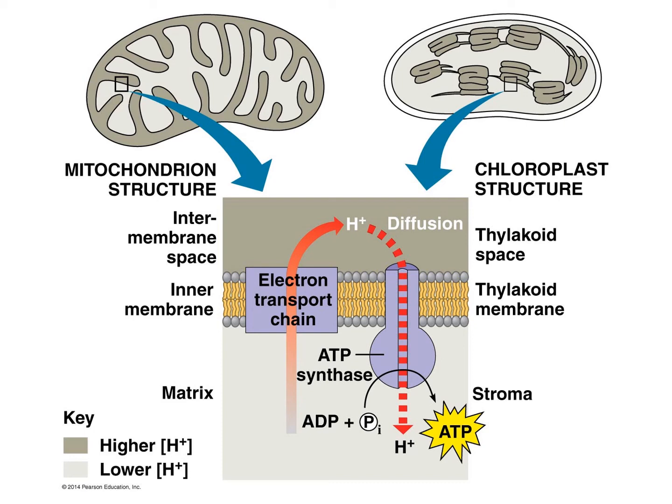Those are the areas shaded dark, and the areas to which hydrogen ions diffuse during ATP synthesis. That's the light area. So it would be the matrix of the mitochondria and the stroma of the chloroplast.